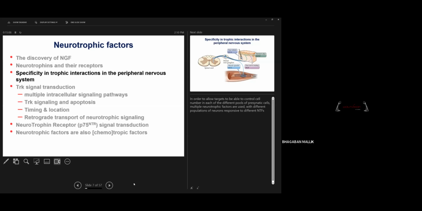All these things we talked about. Now we're talking about the specificity of the trophic interaction, how this specificity is achieved, which receptor has which neurotrophins, and their location, where it is present in the body or in the tissue.